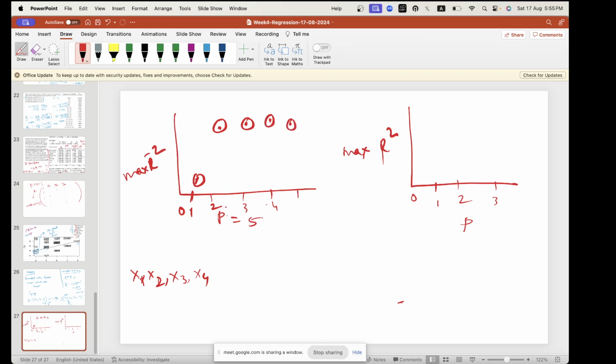This can also happen. In such cases, if I am given a choice, I would select p equal to 2. And then among all models where p equal to 2, I am going to check the SS residual. Whichever has lower SS residual, that would be my model for selection.